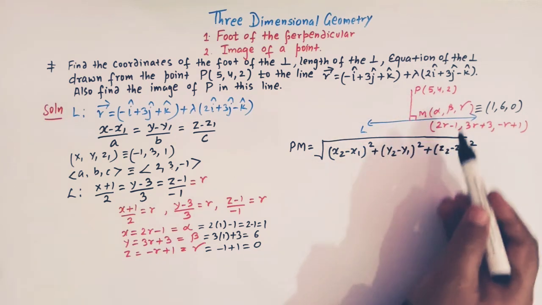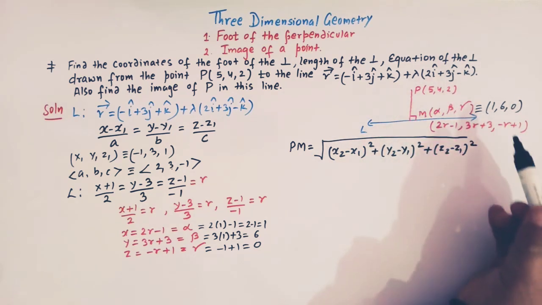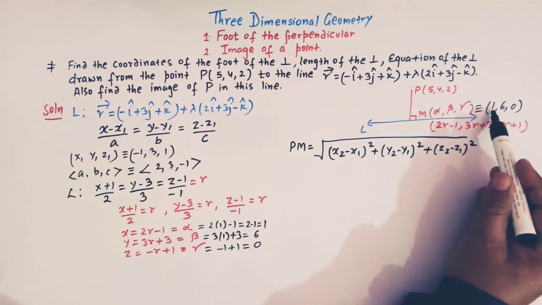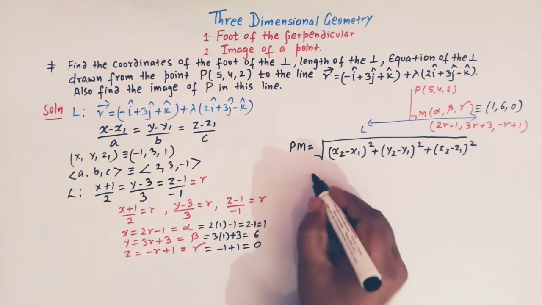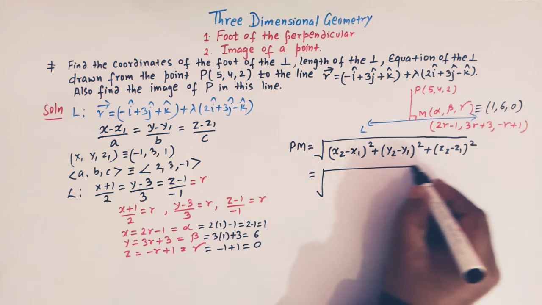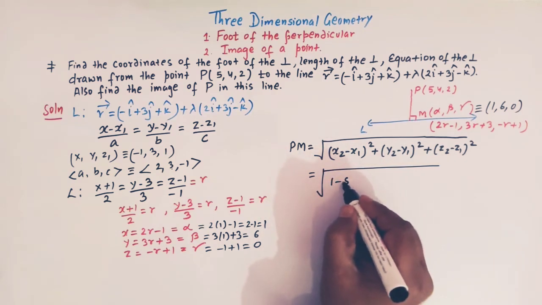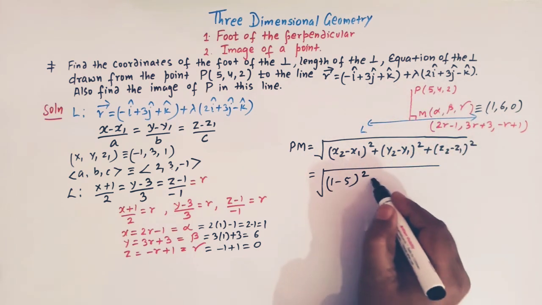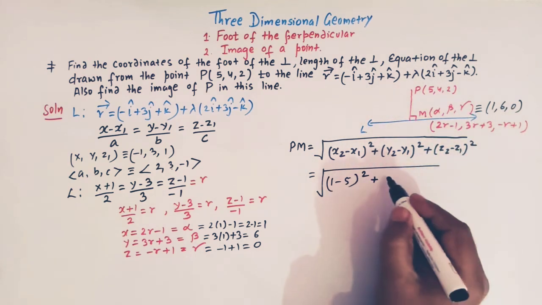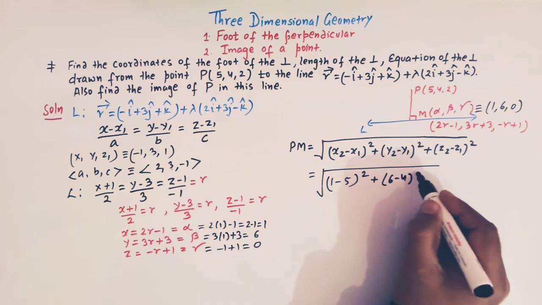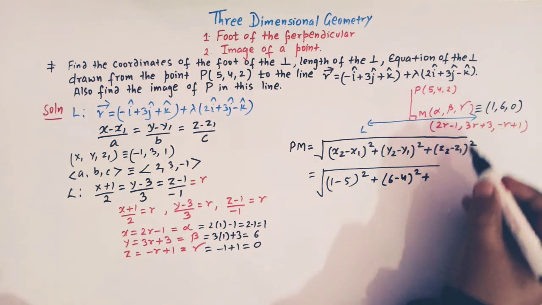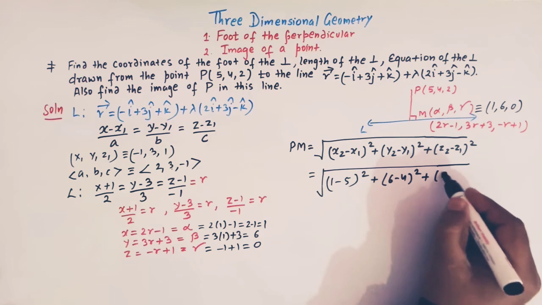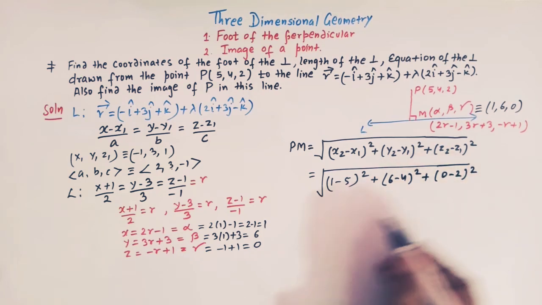So x1 y1 z1 is 5 4 2, x2 y2 z2 is 1 6 0, right? So now we have here (1 minus 5) square plus (6 minus 4) square, and then we have (0 minus 2) square, right?